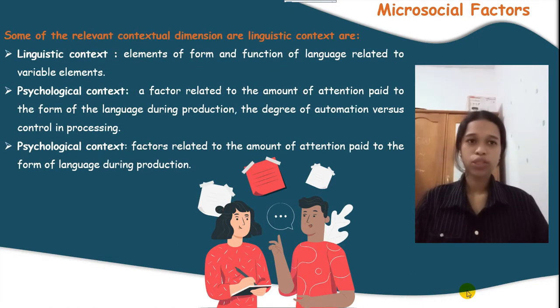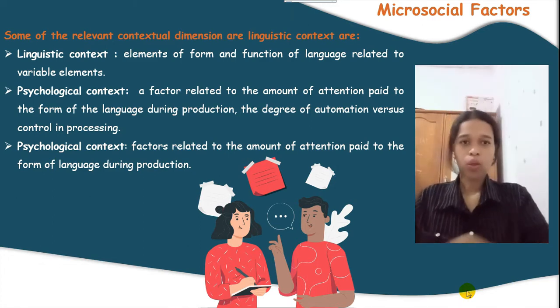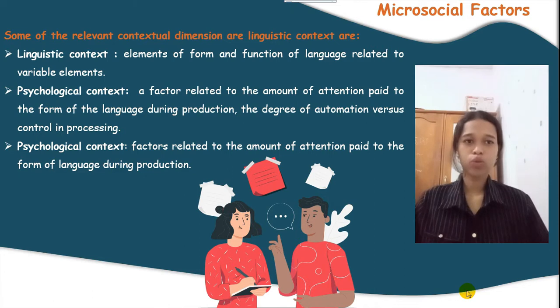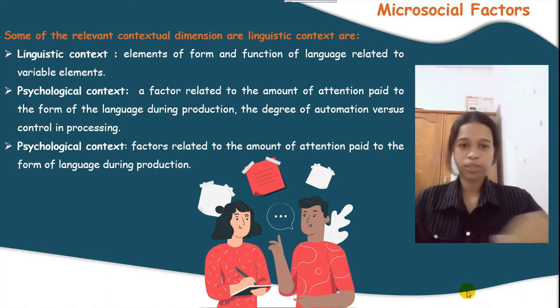Some of the relevant contextual dimensions are linguistic context, elements of form and function of the linguistic variables, and psycholinguistic context, factors that relate to the amount of attention paid to the form of language during its production, and the degree of automatism versus control in processing.